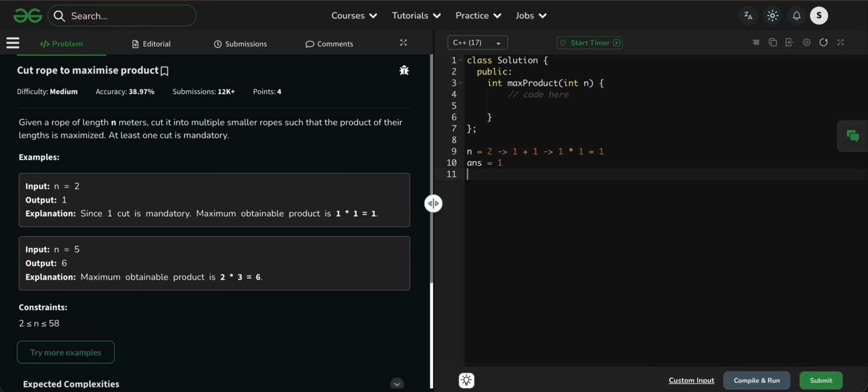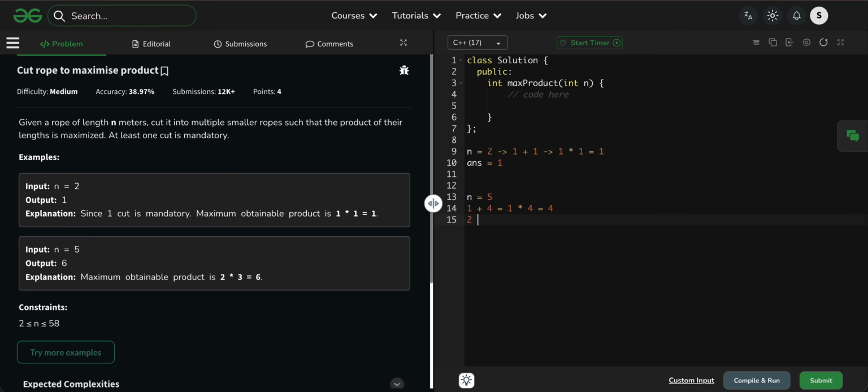Now let's come to the second example, n is equal to 5. This is a good example. Here there are multiple options. First, 1 plus 4 is equal to 5, so the product is 1 into 4, which is 4.